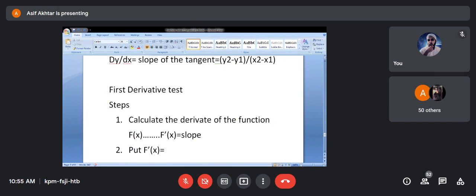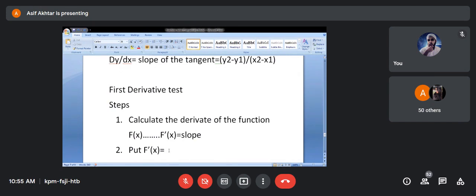If it is a point of maximum or minimum, then the slope of the tangent at that point will always be 0. The point at which the function attains its maximum or the minimum, at that point the slope of the tangent will always be equal to 0.